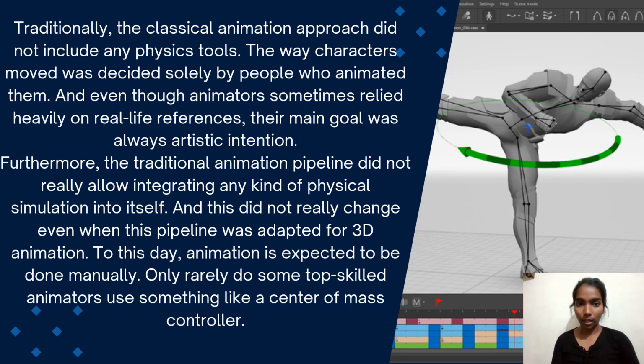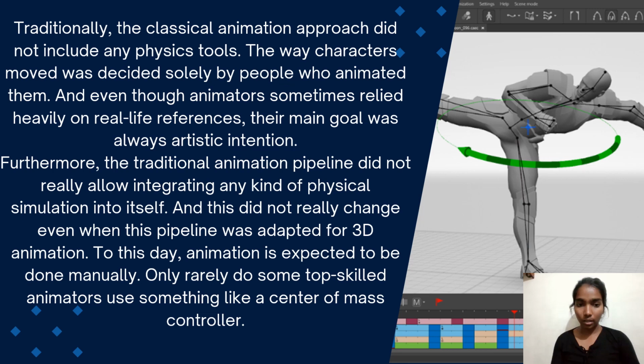Traditionally, the classical animation approach did not include any physics tools. The way characters moved was decided solely by the people who animated them, and even though animators sometimes relied heavily on real-life references, their main goal was always artistic intention.